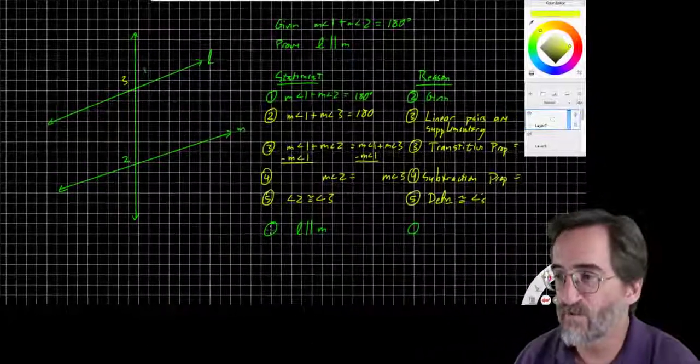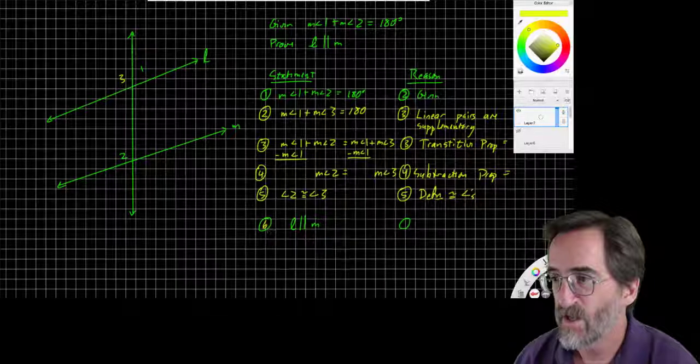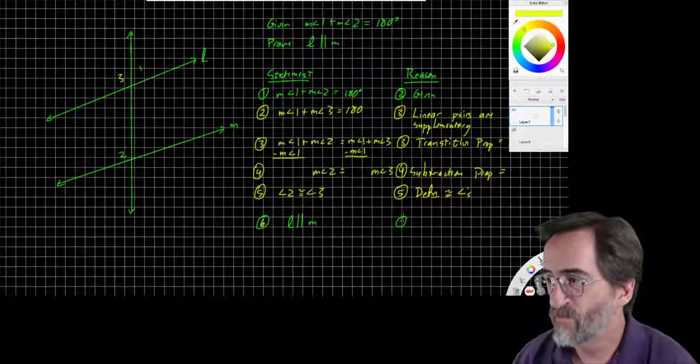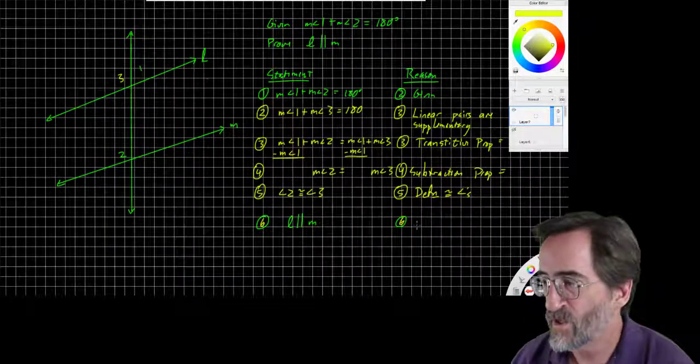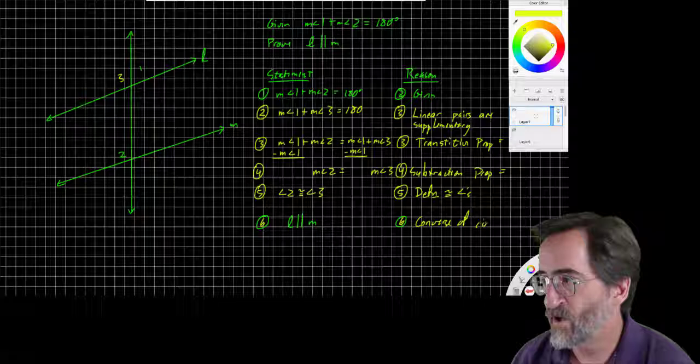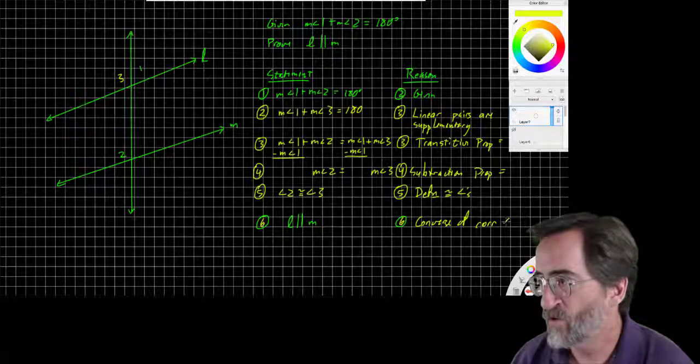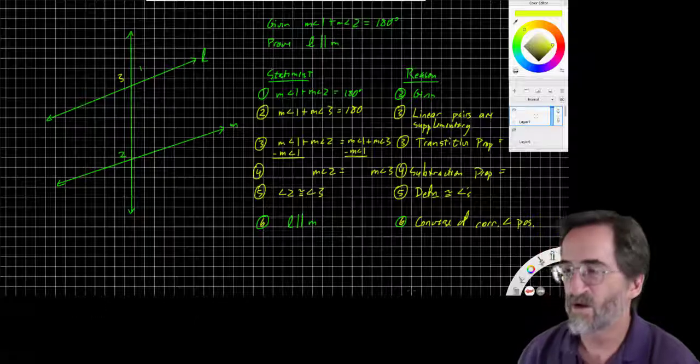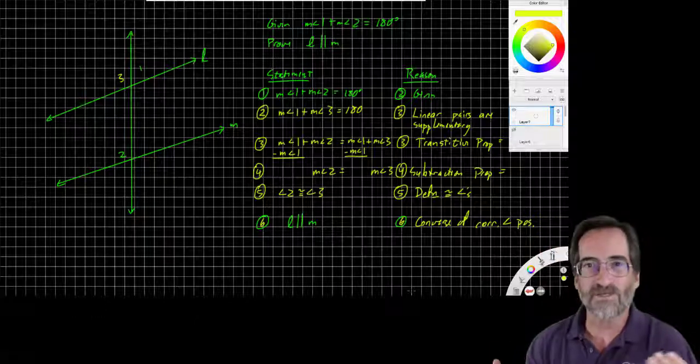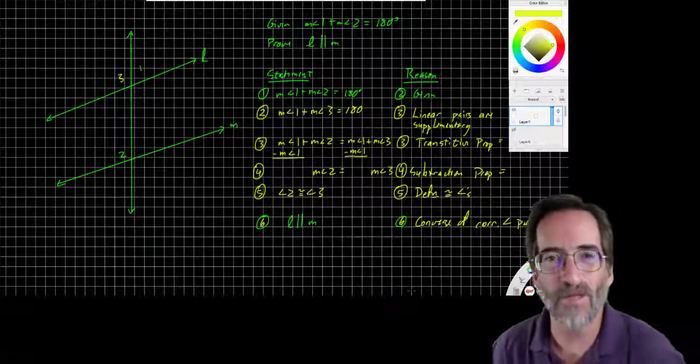So the rule we've just learned here is step 6. L is parallel to M because corresponding angles are congruent. In other words, by the converse of the corresponding angle postulate, which says if corresponding angles are congruent, lines are parallel.